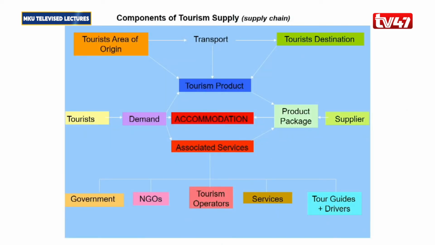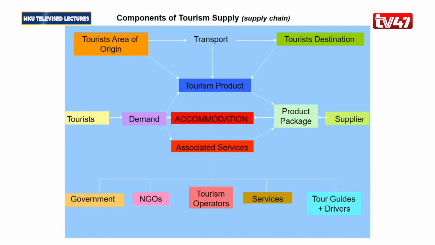In that case, we put this kind of module here, the conceptual framework, to try to demonstrate what we are talking about. Now, these are components of the tourism supply, what we call the supply chain. Within this supply chain, we have the tourist area of origin and where they are heading to, the destination. And they'll need the transportation to be able to get there.